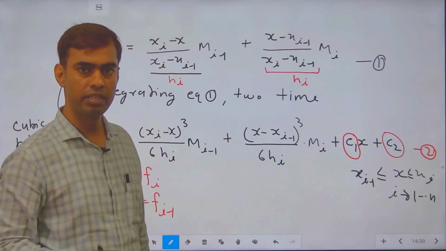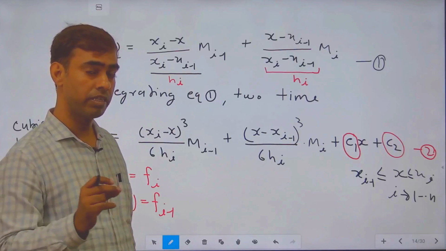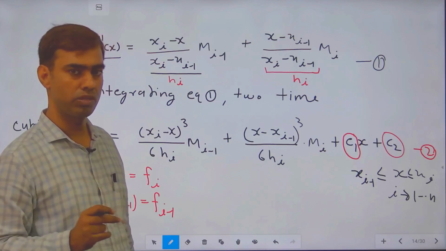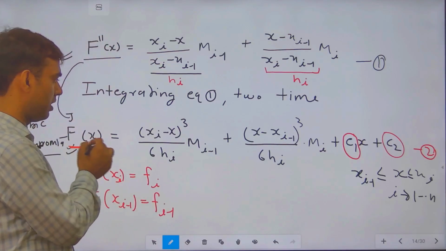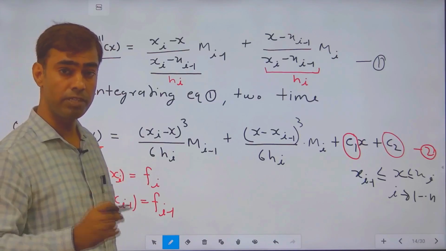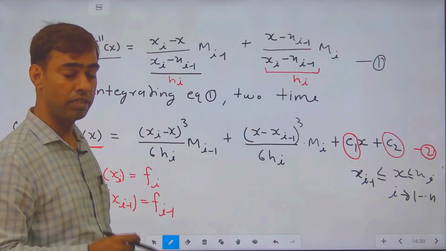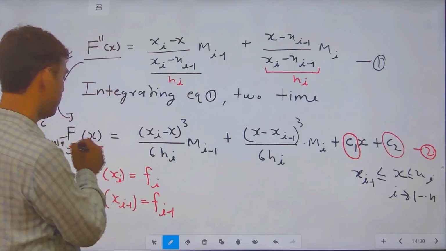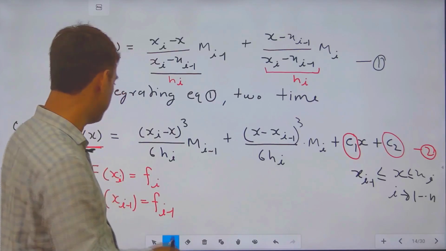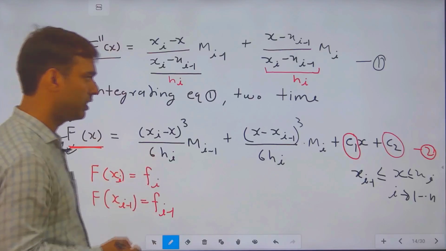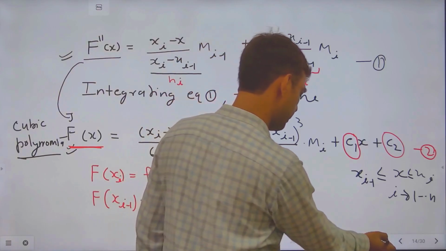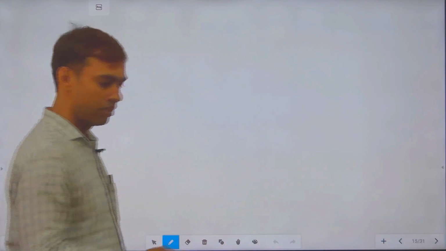This gives F(x) for each class interval, x0 to x1, x1 to x2, and x_{n-1} to x_n, and each polynomial is of degree 3. This means F(x) is a polynomial of degree 3 for each class interval. Now how do we find the values of c1 and c2? As we said, we put x equal to x_i in equation number 2 and x equal to x_{i-1} in equation number 2 again, then we find the values of the unknowns.